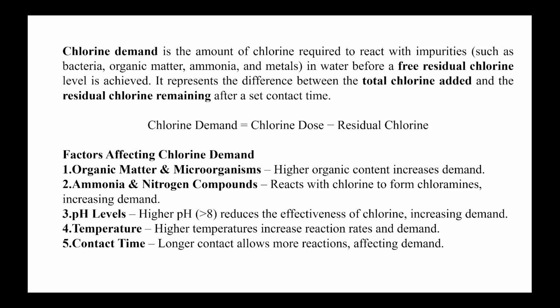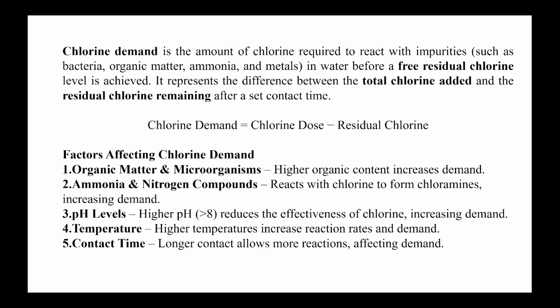We'll have to add more and more chlorine for complete reaction with the impurities. Then again, ammonia and nitrogen compounds are also going to react with the chlorine to form chloramines. And if they are higher in amount, they will increase the chlorine demand.